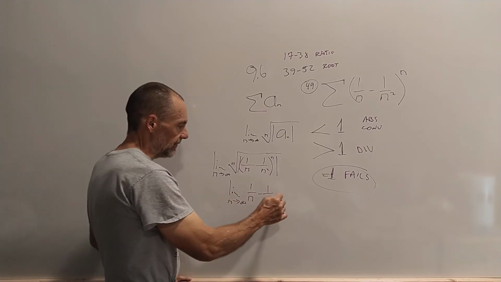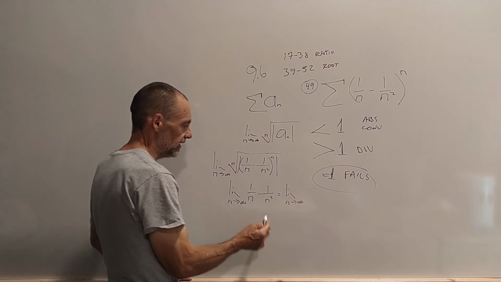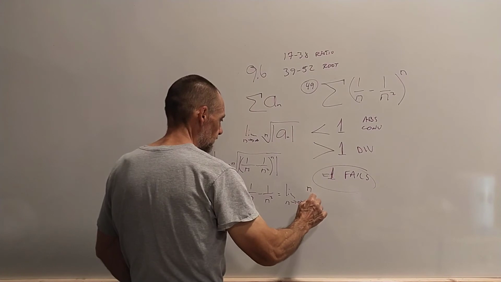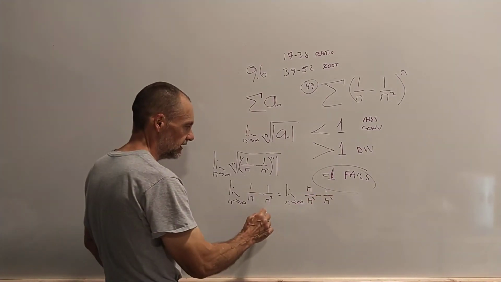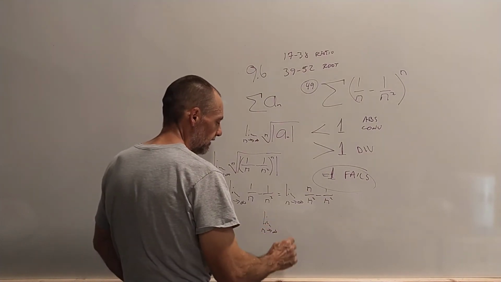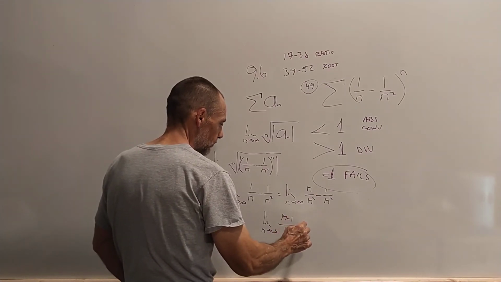I'm just taking the fact that we're subtracting fractions here, right? We get n over n squared minus 1 over n squared, so we end up with the limit as n approaches infinity of (n minus 1) over n squared.